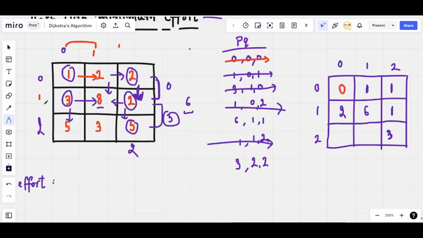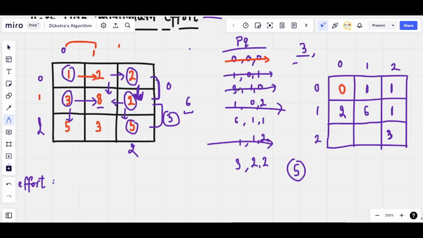Associated with cell 1 0, the cost is 3 units. We can see that if I arrive at cell 1 1 along this route, moving from cell 1 0 to cell 1 1, I require 5 units of maximum effort, because 5 is greater than the effort I already have for cell 1 0.